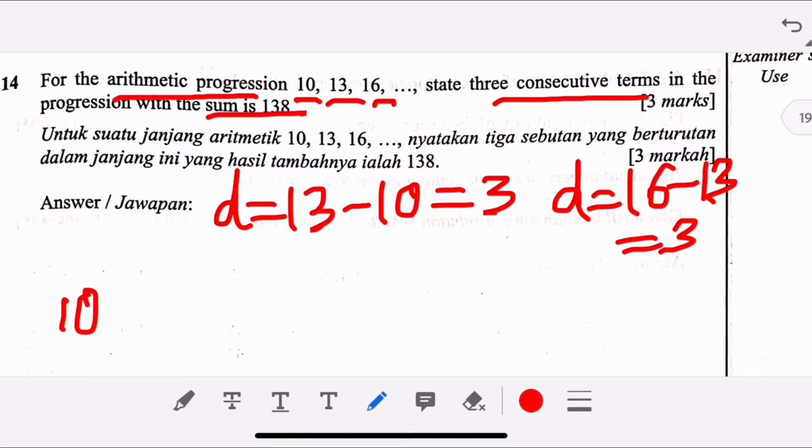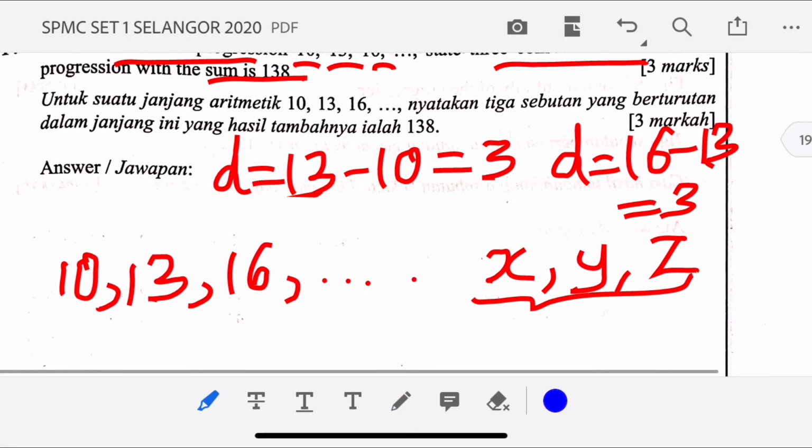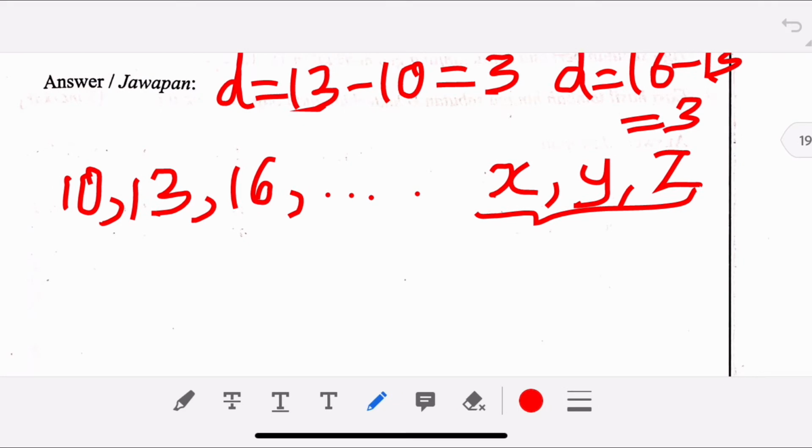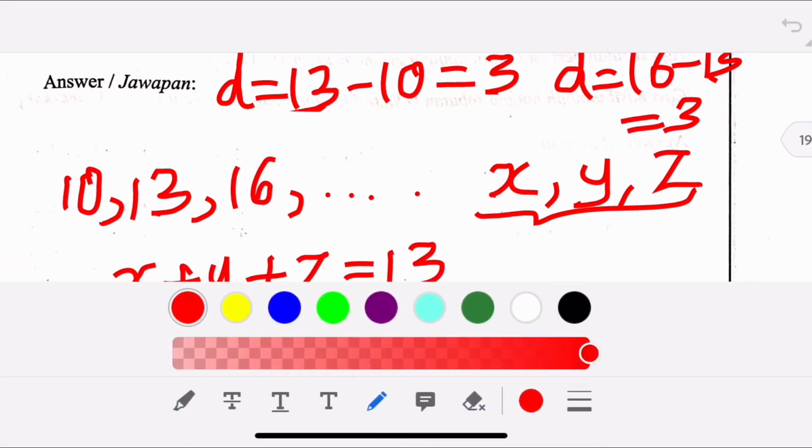So that means you have 10, 13, 16, and so on and so forth, and in between you have 3 numbers. When you add all the three consecutive terms, the total is 138.